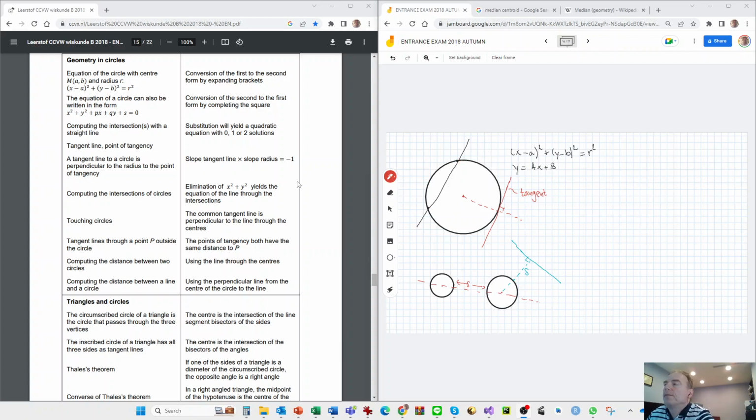and by that you will be able to find the coordinates of these 2 points. Then the tangent line, you need to know what that is. It's drawn here. It's a line that's perpendicular to the radius at that point.